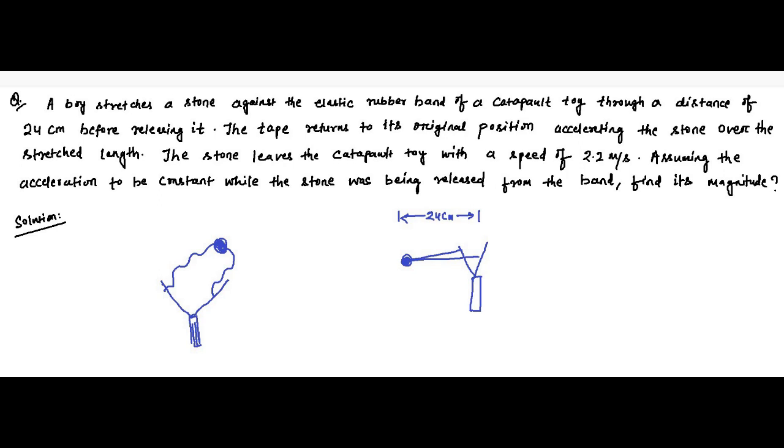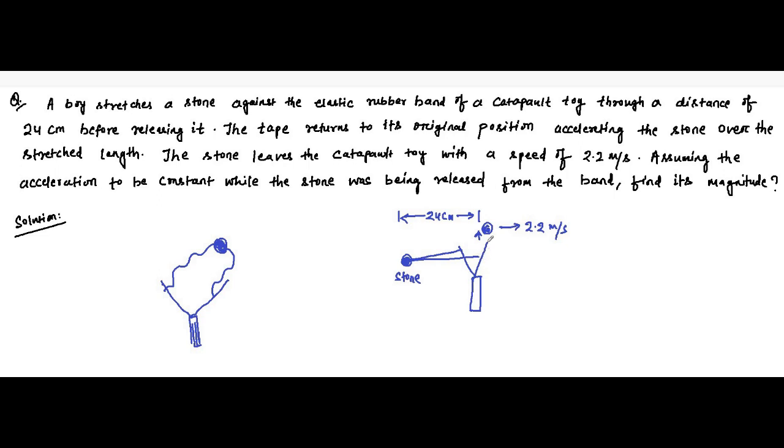The rubber band returns to its original position, and it is given that the stone leaves this position with a speed of 2.2 meters per second at this point. So we have to find the acceleration.